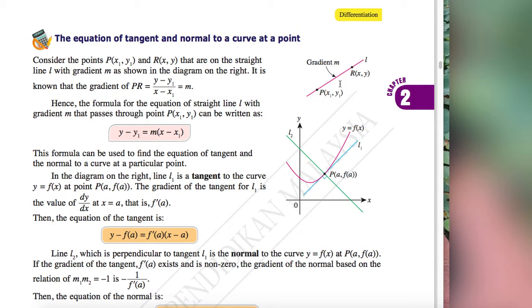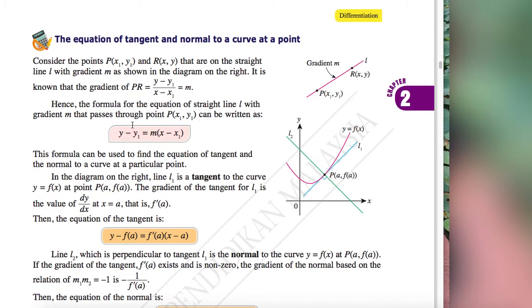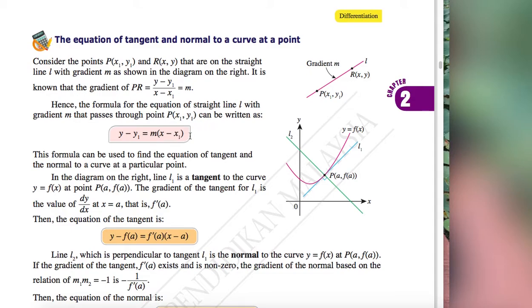Normally when we find the equation of a straight line, we have 2 points, we find the gradient, and we use this formula. Remember last time, in Form 4, you learned this formula: y minus y1 equals m bracket x minus x1. We are going to use this formula. The condition is like this. This is the curve.